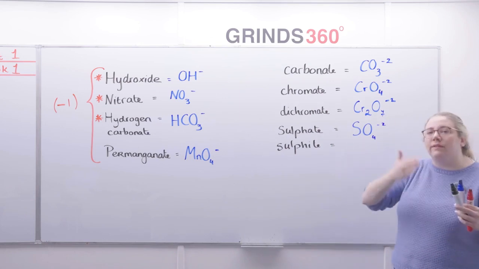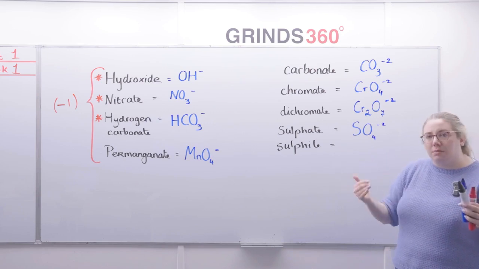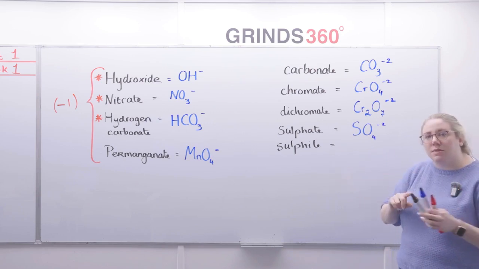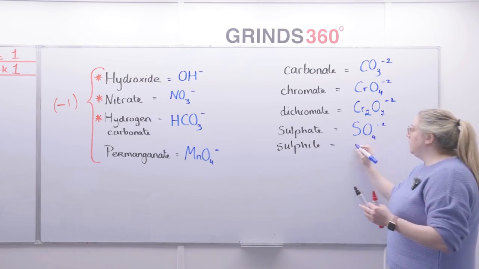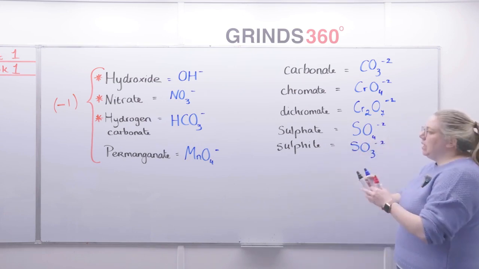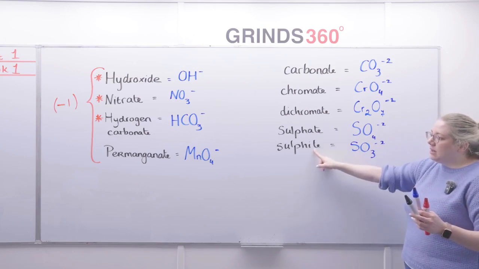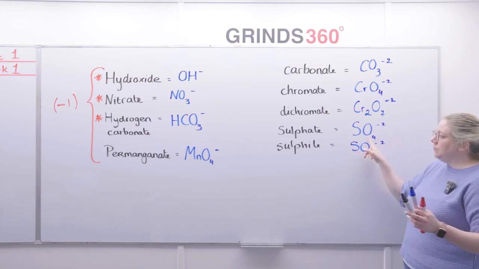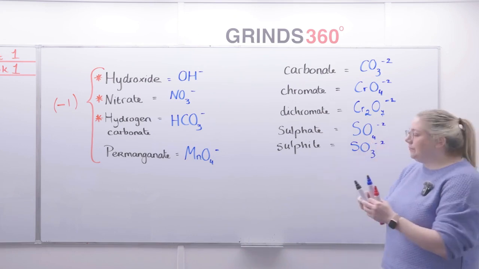If you have sulfur and oxygen, a different number of oxygens can bond to the sulfur, but the charge will still be minus 2. Sulfate has 4 oxygens, and sulfite is SO3 minus 2. That's the difference between the two. ITE is also indicating oxygen in this case, but it's 3 of them, and for sulfate, the ATE, 4 oxygens.